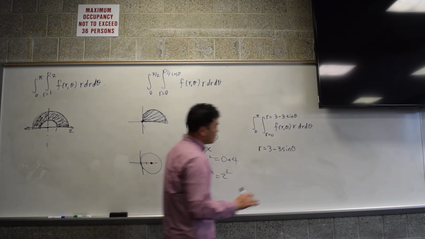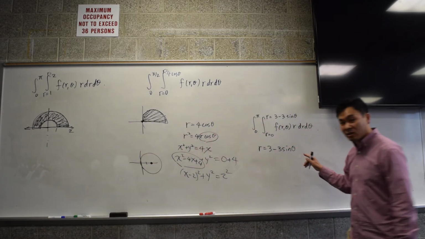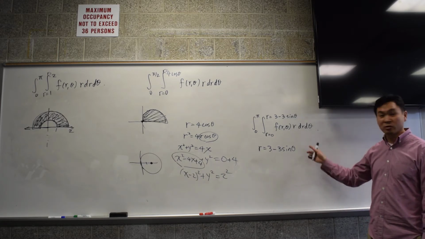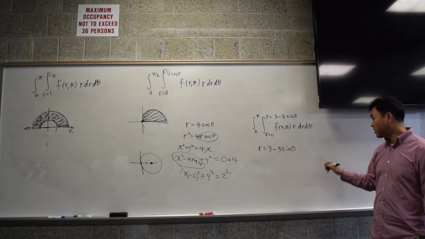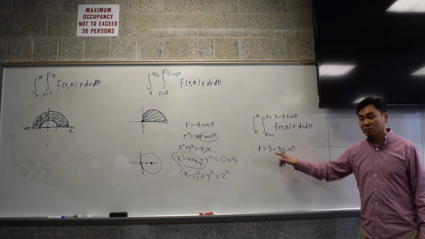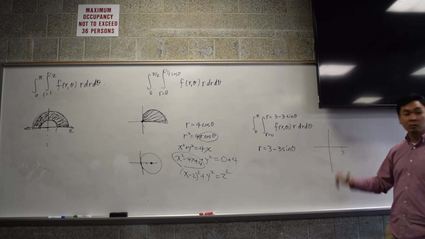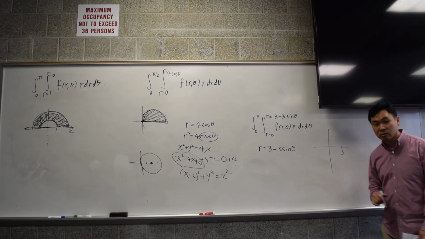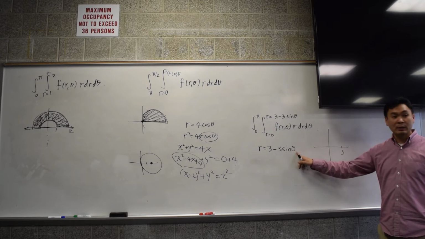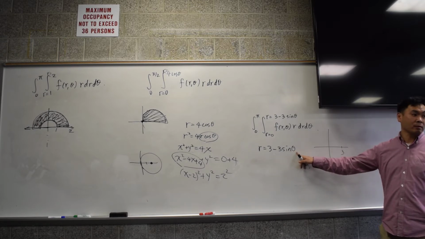And to really figure out which shape it is, you probably want to plug in theta equal to 0, 90 degrees, 180 degrees, and 270 to figure out the values. Sine 0 is 0, so you're going to get just 3. So it will be 3 comma 0 at degree 0. When you plug in theta equal to 90 degrees, what's sine 90? 1, right?